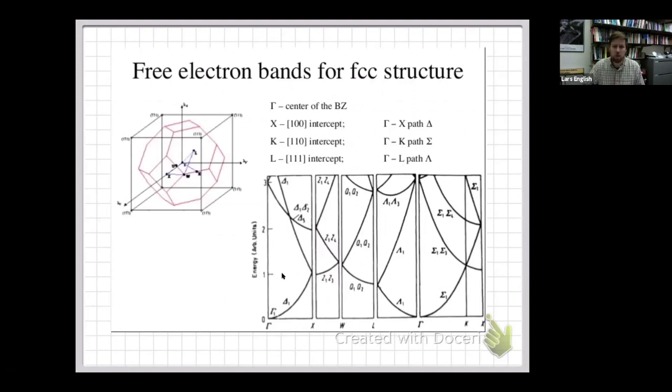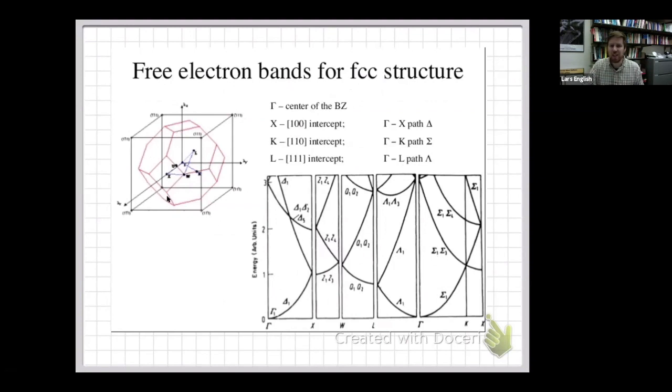So here, for instance, is the same thing basically in 3 dimensions. And here I'm looking at a face-centered cubic structure, okay? And of course, our first Brillouin zone is now a volume, right?